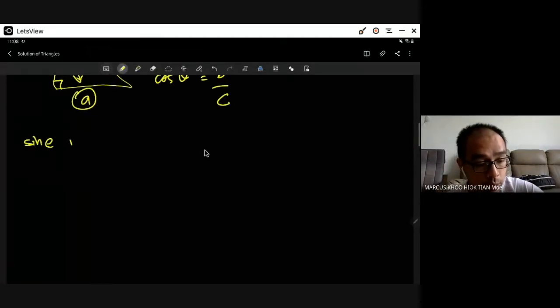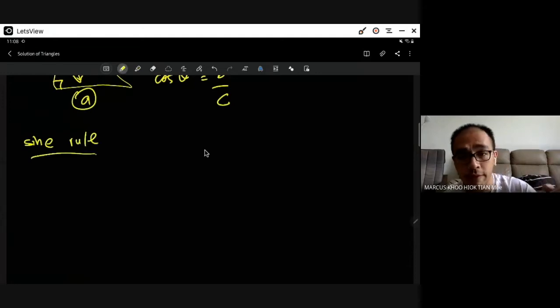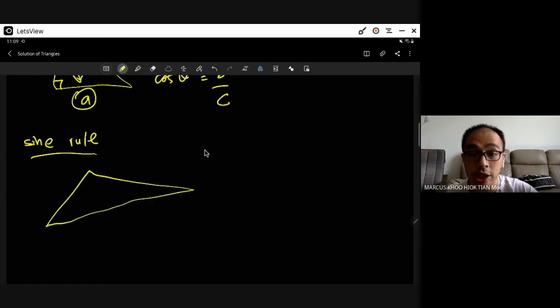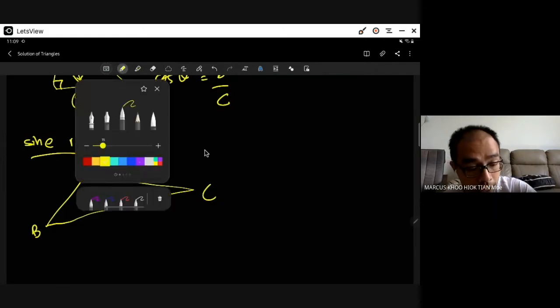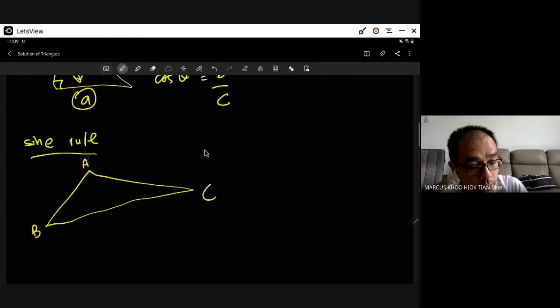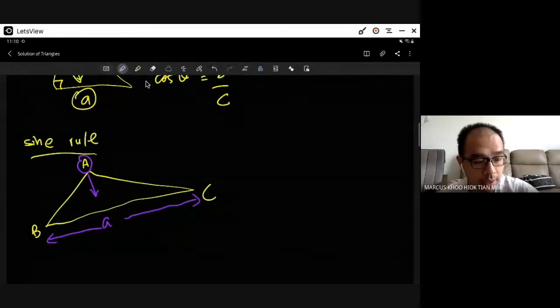Let's say you have this triangle with a weird looking shape. I'm going to call this point A over here, B over here, and C over here. Opposite to point A is the side A. I'll use the same letter for the side.